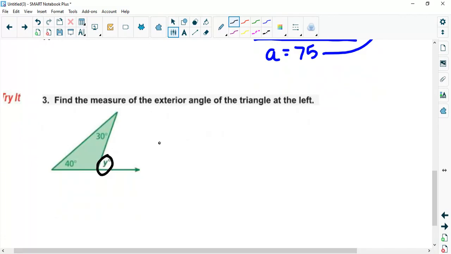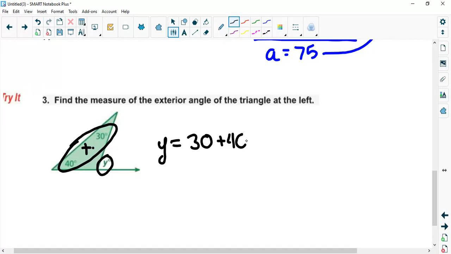The exterior angle y is equal to the sum of the two non-adjacent angles, so 30 and 40. So y is 70. So my missing angle is 70 degrees. And that concludes Chapter 3, Lesson 2.